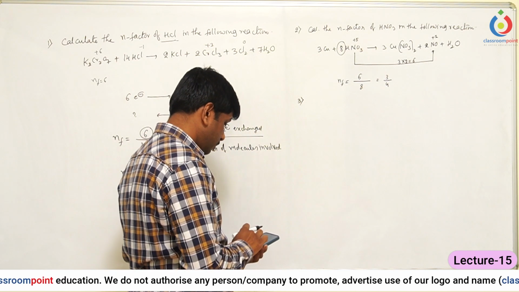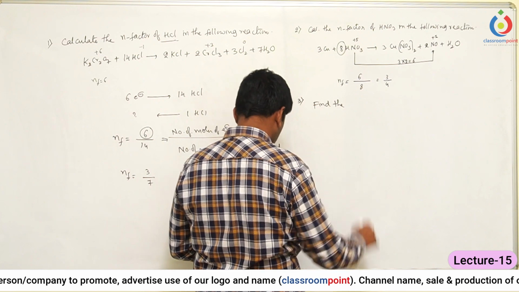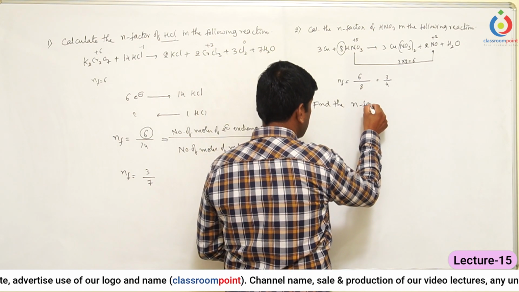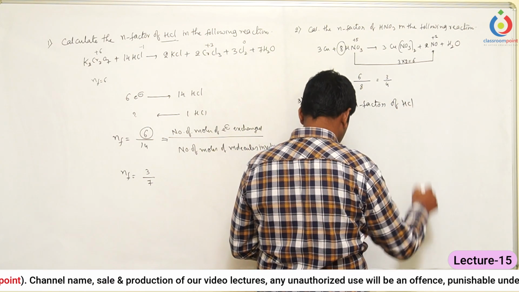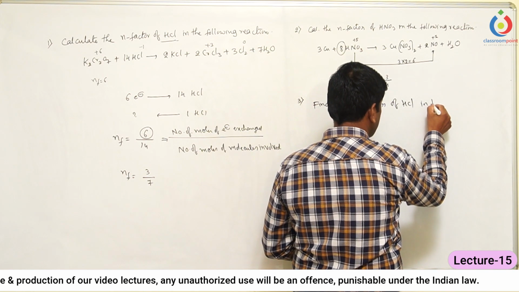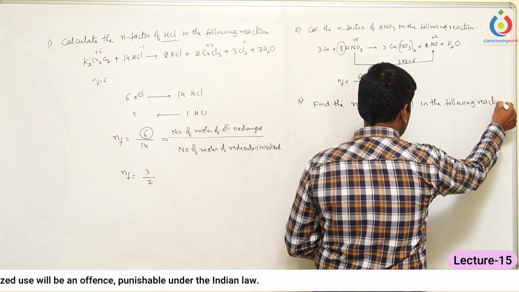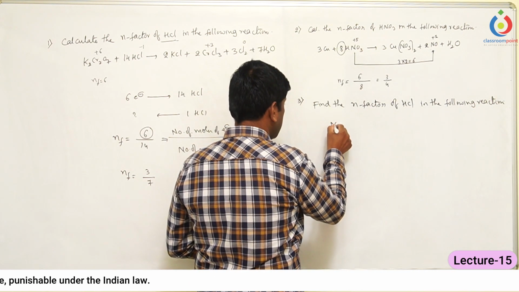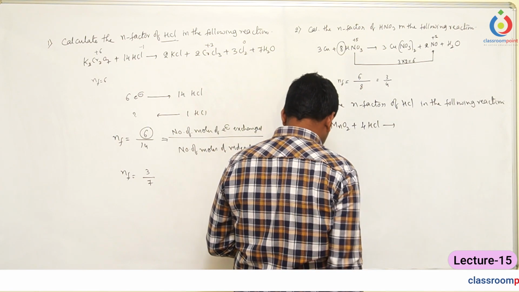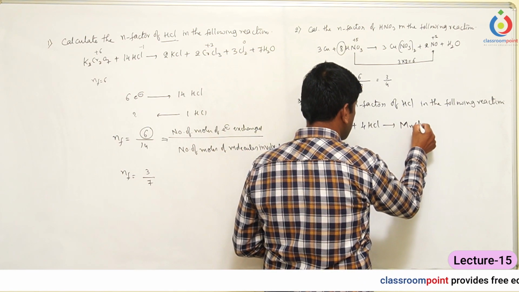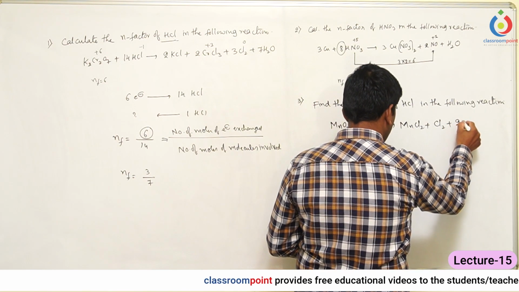Next, let us see another question. Find the N factor of HCl in the following reaction. The reaction given is MnO2 plus 4 HCl gives MnCl2 plus Cl2 plus 2H2O.